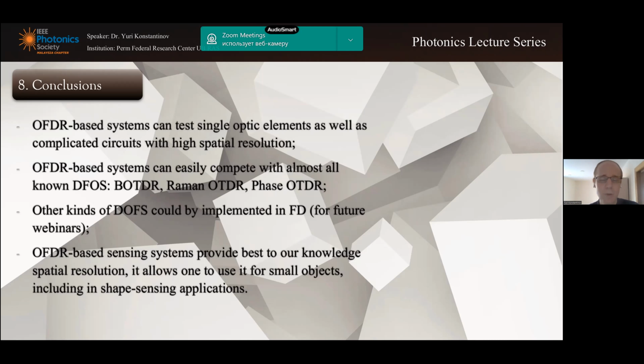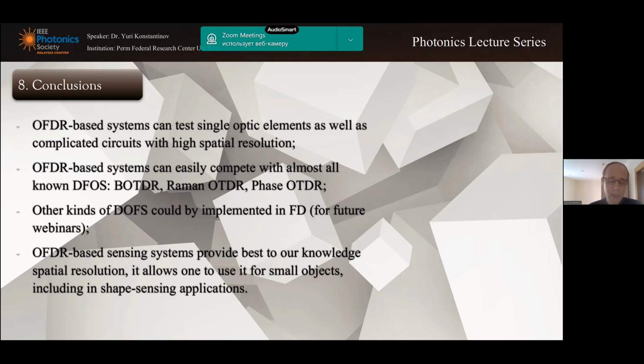If we could decrease the price of the TLS and provide it with very high coherence and nice tuning precision and linearity, we could not only compete, but I think win against other fiber optic sensors.